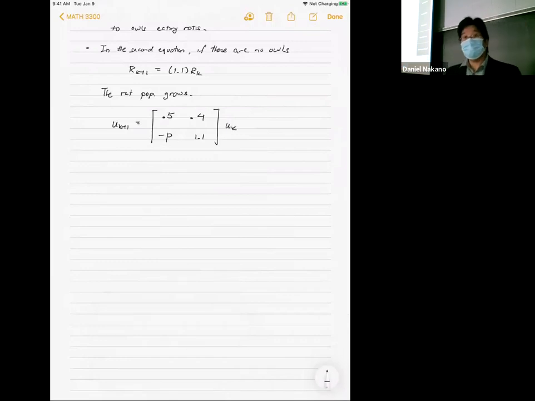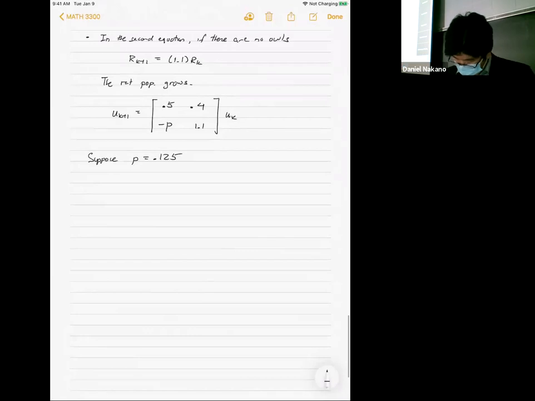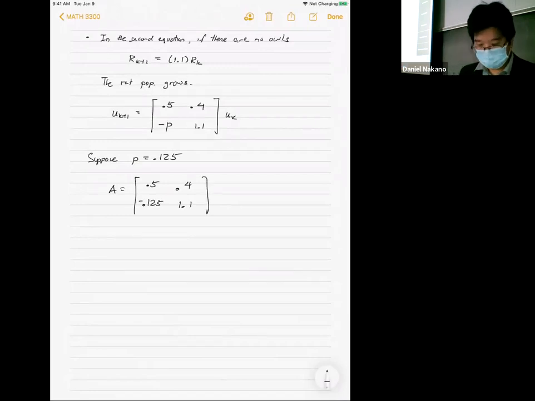Now let's specify p for this problem. Suppose in this problem, p equals 0.125. So now our A is going to be equal to 0.5, 0.4, minus 0.125, and 1.1.